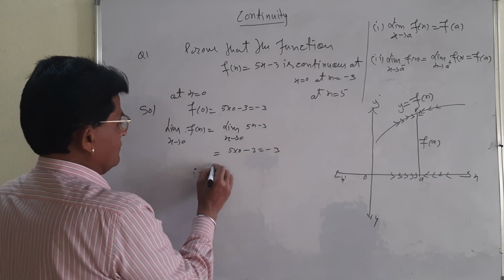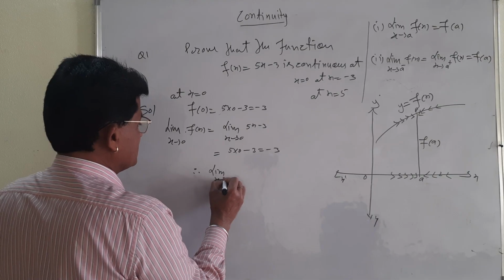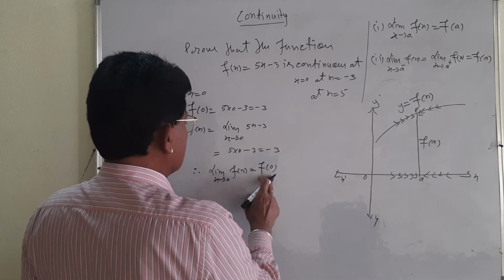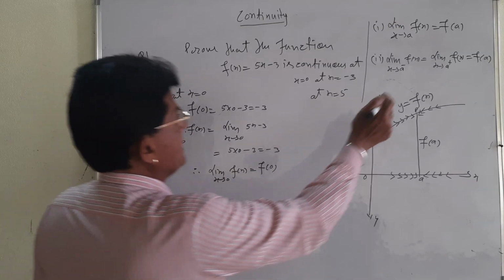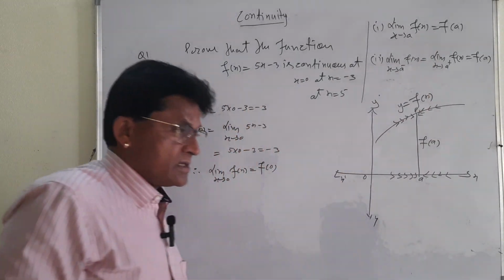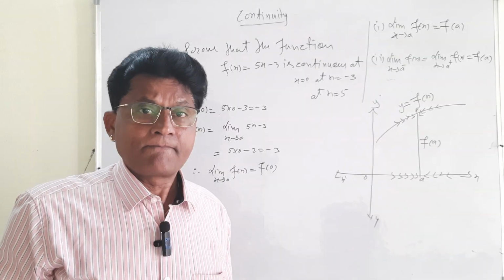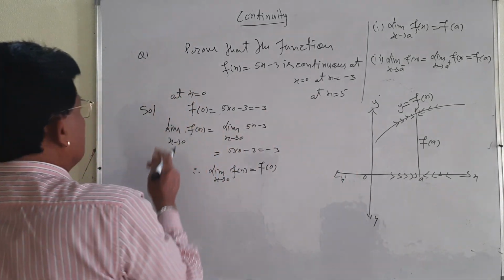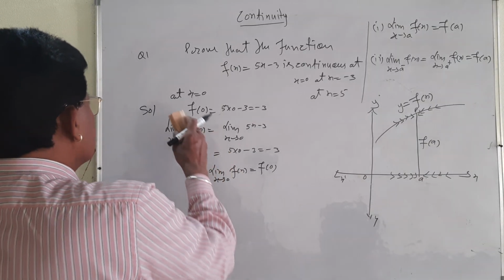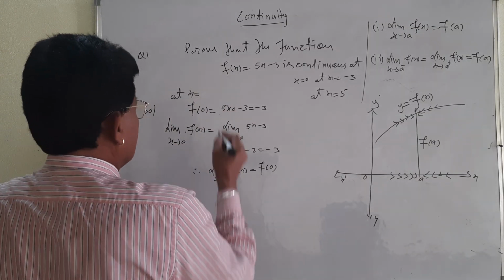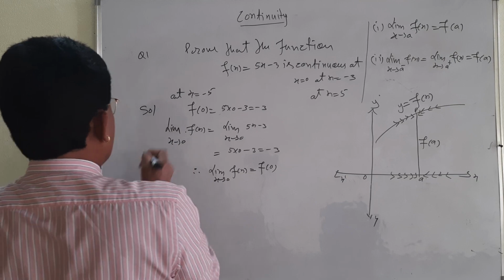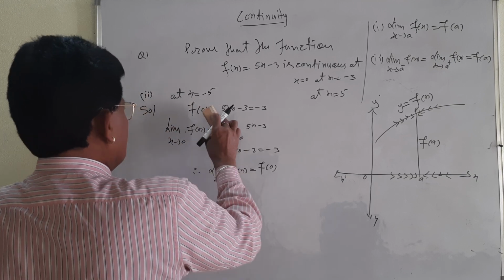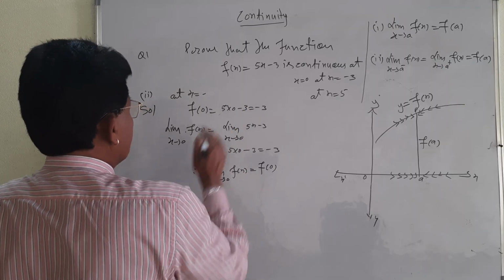Therefore, what did you get? The limit as x tends to 0 of f(x) is equal to f(0), which is -3, at 0, by the condition of continuity. Similarly, you can check the second case. The second case is at -3, which you must check.